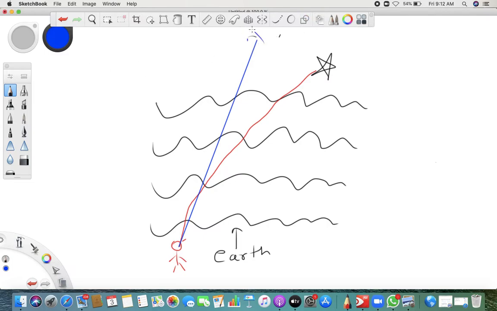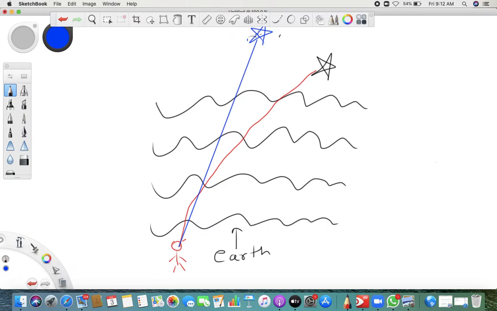We see the star which is down, here. The star at the original position, we do not see.